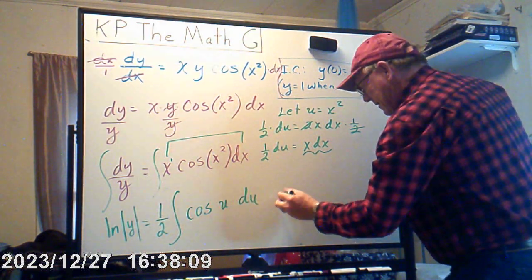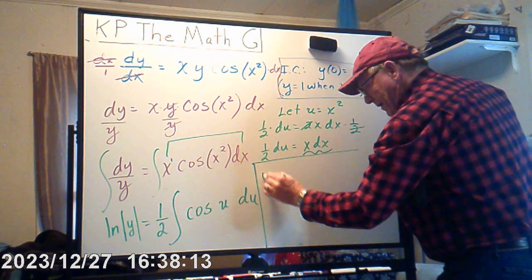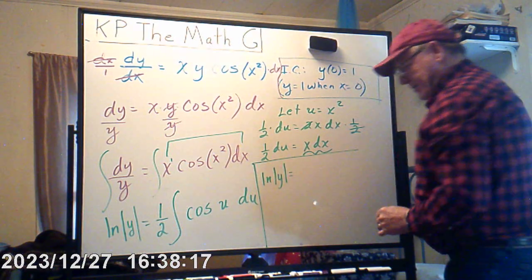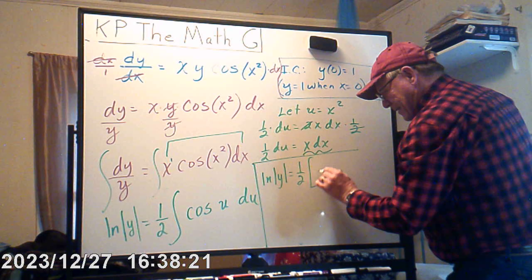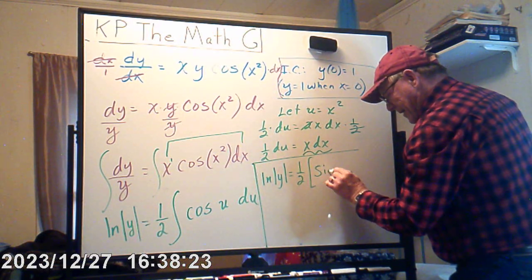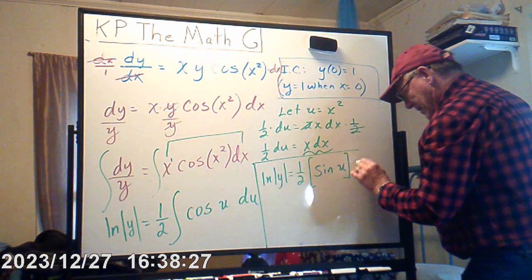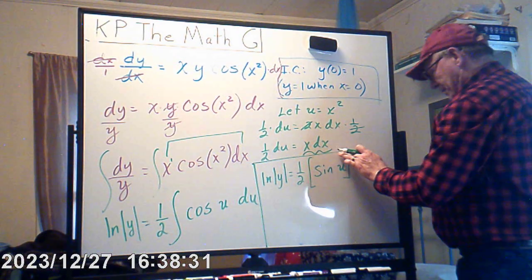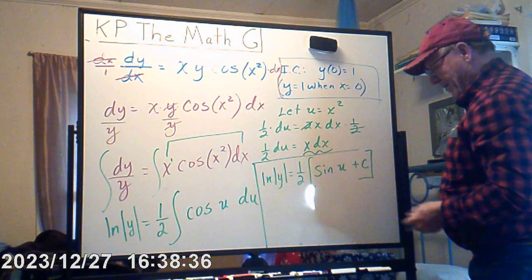This side. Ooh, we're running out of space, aren't we? So we have ln y is equal to 1/2 sine u, okay, plus c. And maybe I should put plus c in here. Doesn't matter, I think it'd be alright.